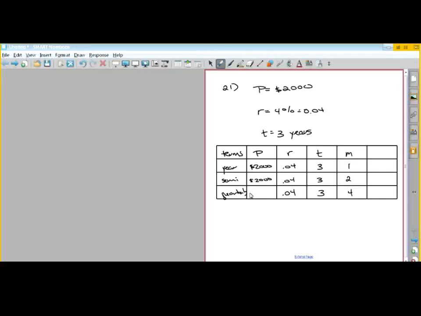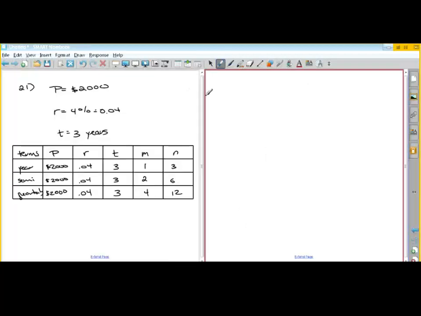And the one last piece we need is N, which is T times M. So we have 3, 6, 12 compounding periods.